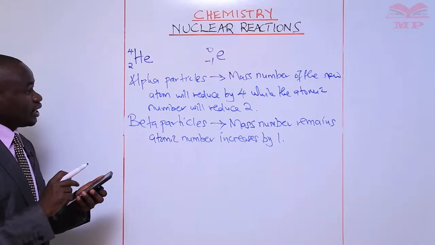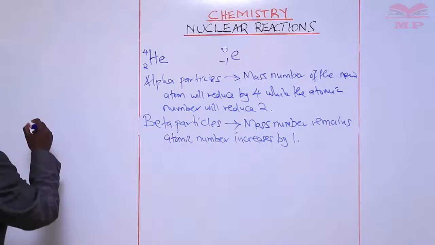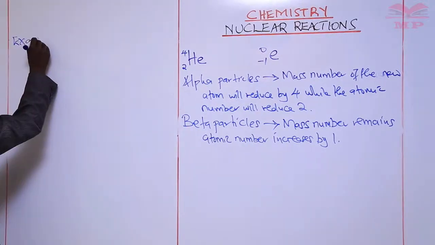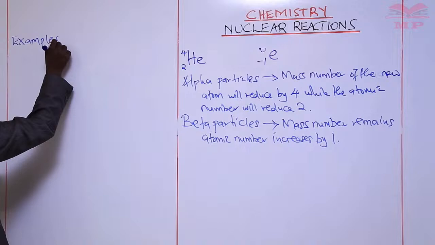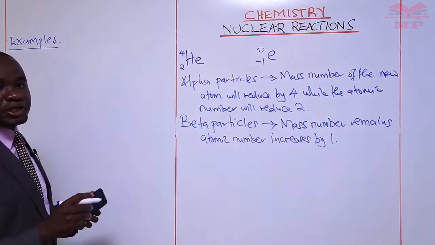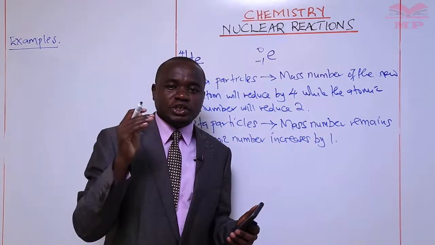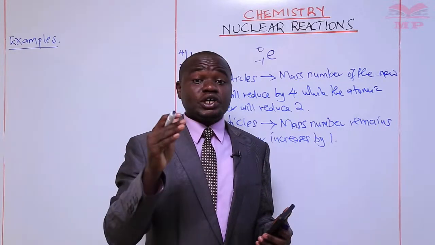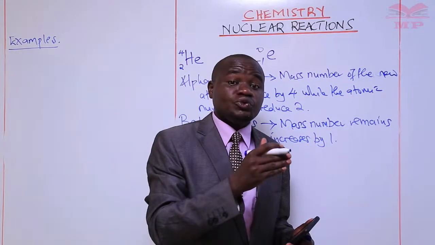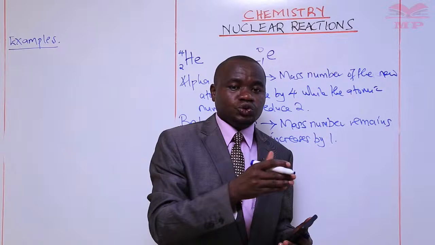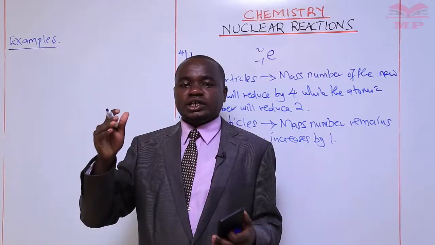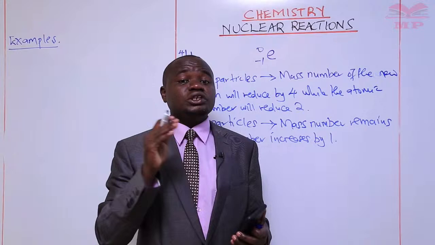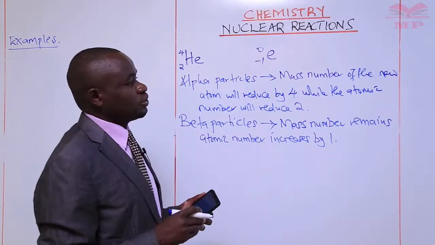Remember, my dear student, if you're writing a nuclear equation, the sum of the atomic numbers on the left of your equation should be equal to the sum of the atomic numbers on the right of the equation. The same applies to mass number, which should be equal on both sides of the equation.